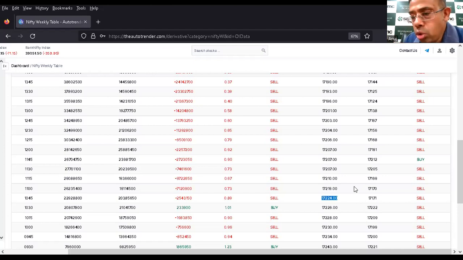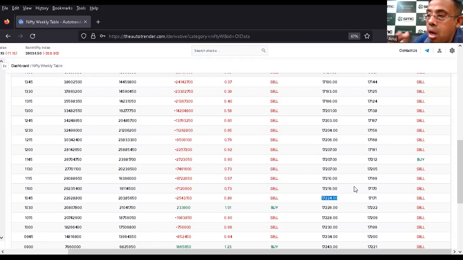So now two things are sorted out. One is your strike price selection. Second is your stop loss. Now coming on to the very basic question, what will be the target? So target we can define in two ways. One is any support or resistance can be your first target.